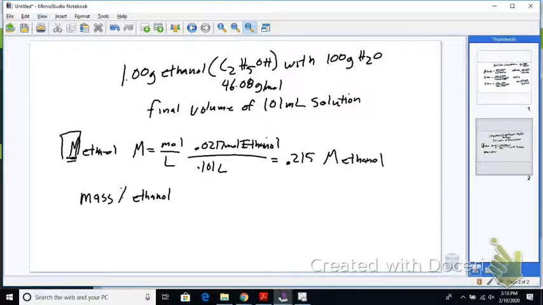That one's pretty easy because you've got all the information. So you take the 1 gram of ethanol and you divide by the total number of grams.